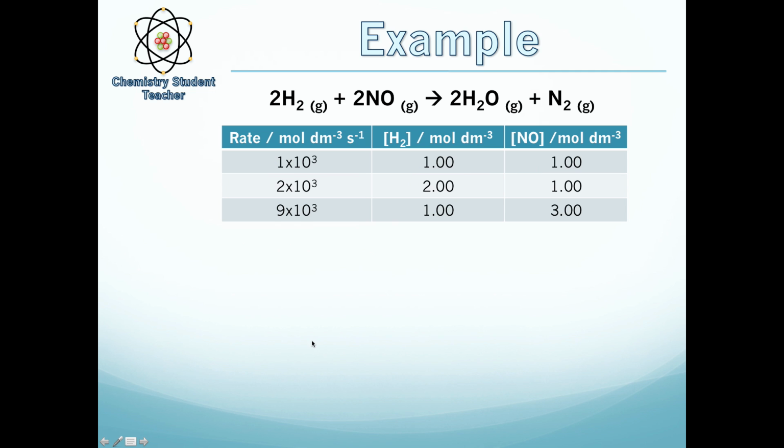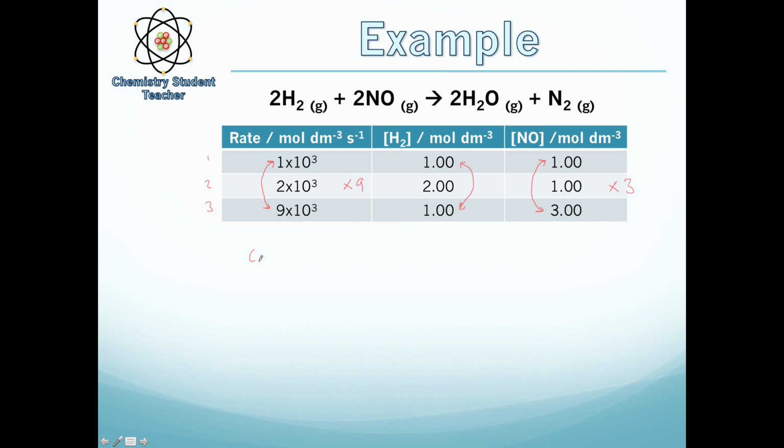Now if we do the same but for nitrous oxide, we want to look when hydrogen's kept the same. Okay, so the concentration of hydrogen is kept the same between 1 and 3, if we label 1, 2 and 3. The rate between 1 and 3 is increased 9-fold, interesting. Now we look between 1 and 3 of nitrous oxide, we can see there's been an increase of times 3, and here there's been an increase of rate of times 9.